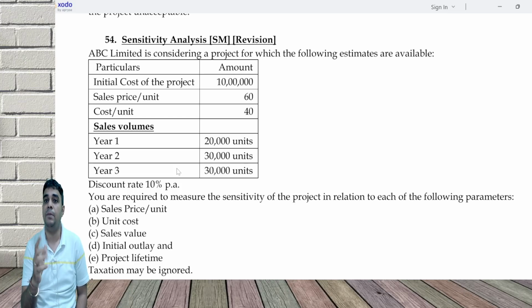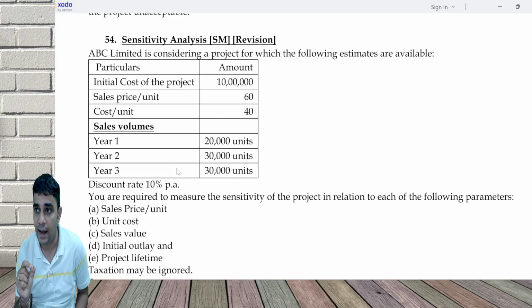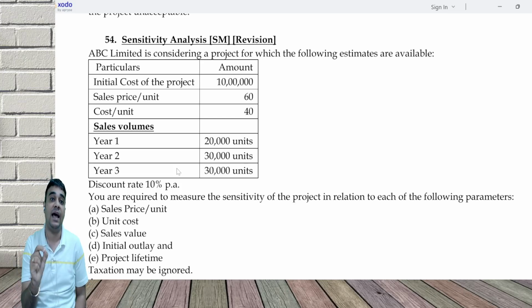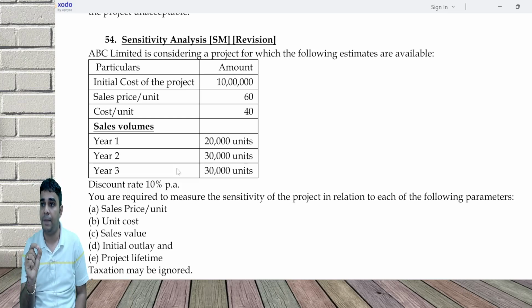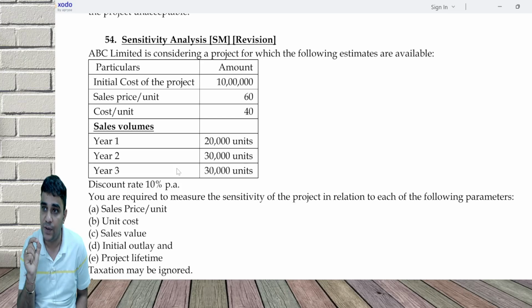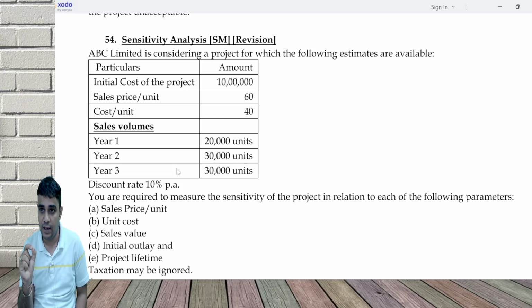Project lifetime means you have to calculate discounted payback. What is discounted payback? Discounted payback represents the life at which NPV is zero. Clear? Any doubts on this?